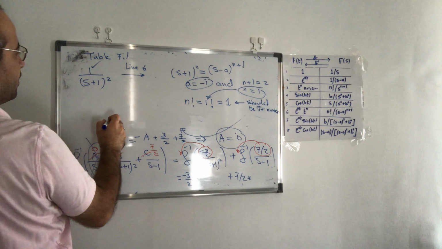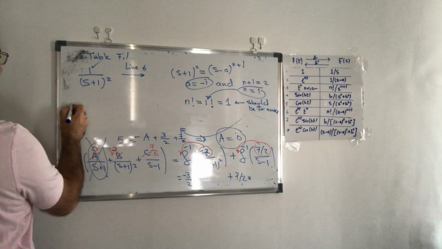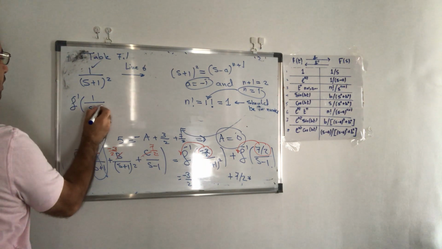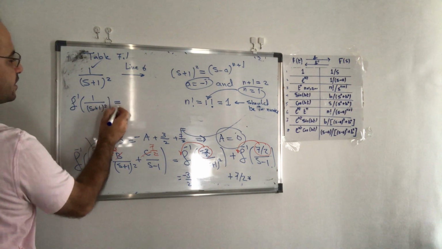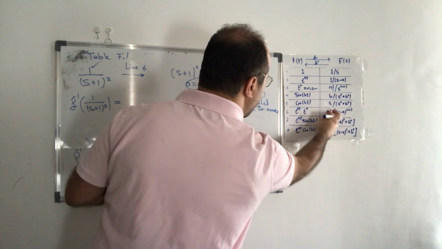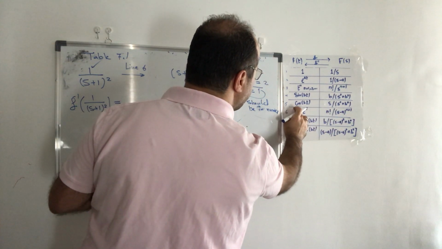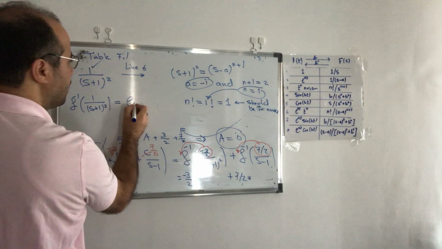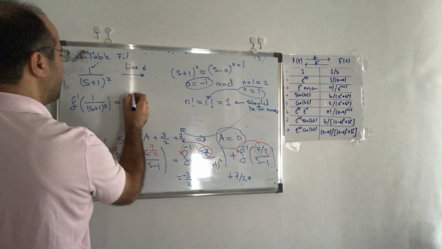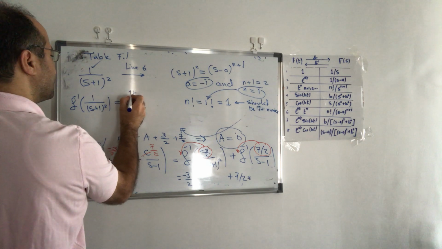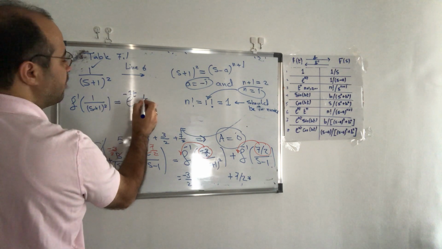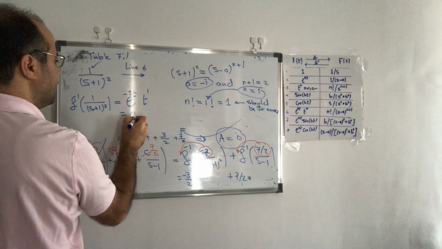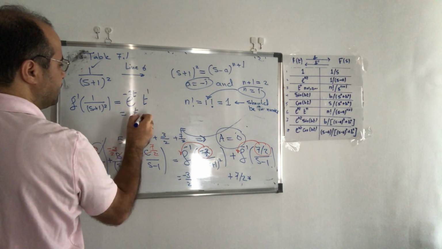Yes, we have it here, right? Now, if you want the Laplace inverse of 1 over S plus 1 squared, you go backward now: you have your a, you have t to the power n, then you have e to the power minus 1t, and n is 1. Then you end up with e to the power minus t times t.